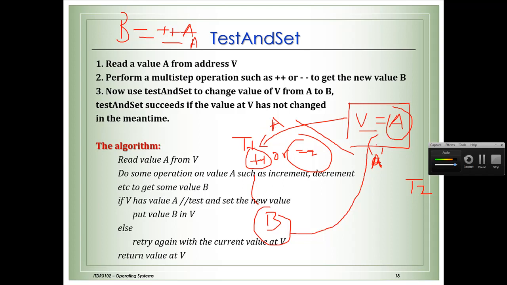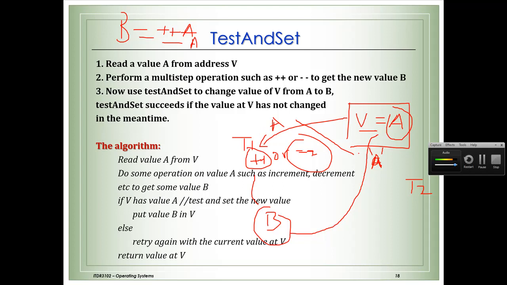It wants to store B in the memory location V, but before that it checks what is the current value in the memory location. Let's say it reads the value A dash. So it compares A, the input value it had taken before, and the currently existing value A dash. Are they the same?